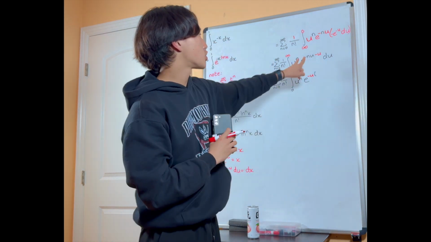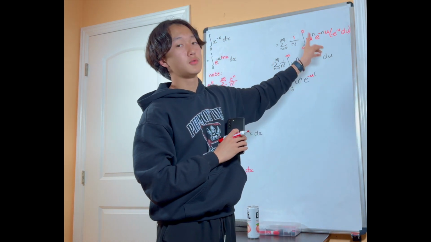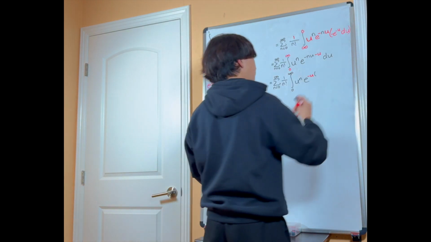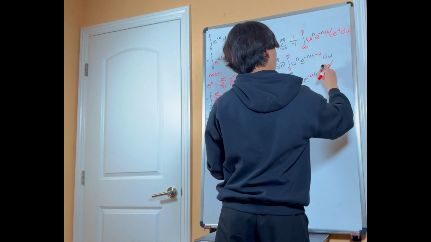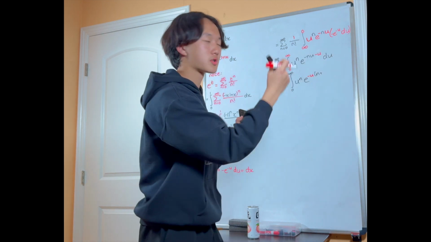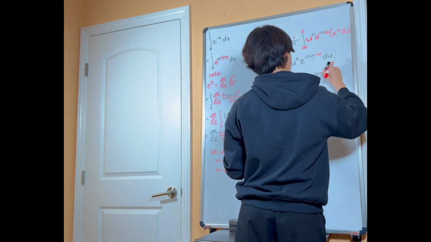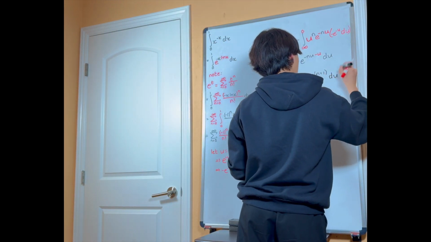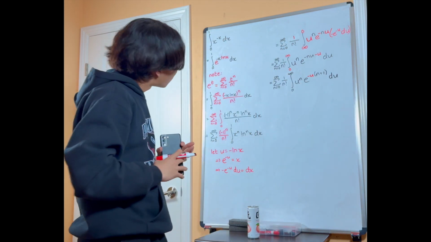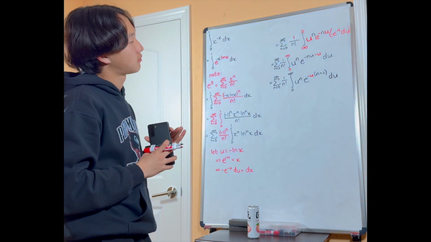In the first term, you move the negative outside, you move the u outside, you're just left with the n. And then in the second term, you moved everything outside, so you're just left with the 1. This is about as simple as it gets.